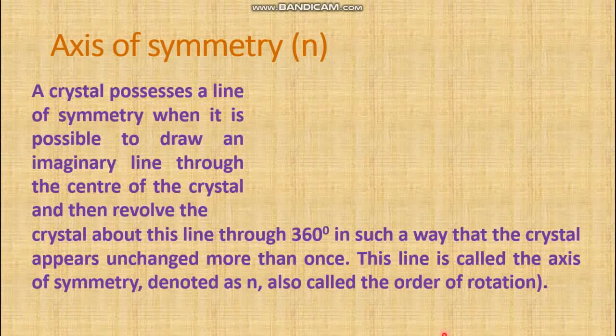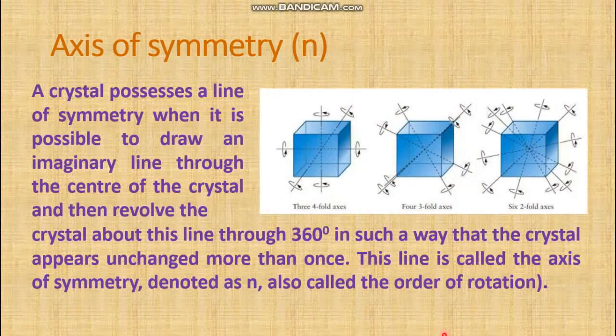If at every 120-degree rotation the same structure is obtained, then it is a 3-fold axis. Similarly, for 90 degrees it is a 4-fold axis. Okay, so have a glance at a cube. You will find that a cube has all these 3 rotation axes of symmetry: 2-fold, 3-fold and 4-fold.